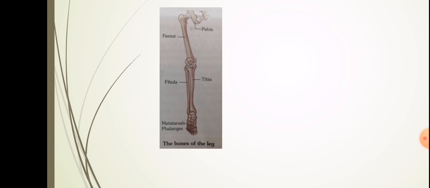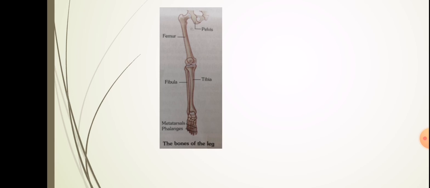Like the wrist, our ankle is made with several small bones, and these several small bones are called tarsals. Okay, then the foot is made by the metatarsals, five finger-like bones. Each finger-like bone has three parts, and that is called the phalanges. In legs and hands both, they are called the phalanges.